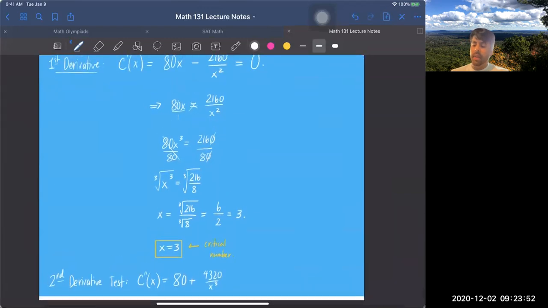And now you start to see it doesn't matter what I plug in for x, any positive number. If I plug in 3 here, I would get something that's positive, because 80 is positive and this would be positive. So two positive numbers add up to something positive, which would indicate that it's concave up, which would indicate that there is a minimum at x equals 3.